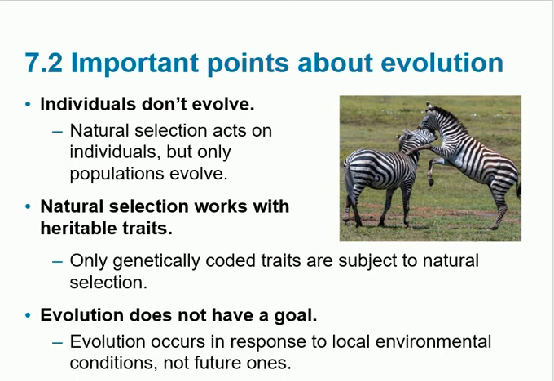Yeah, I have a question. It seems very similar to adaptation, because here it says evolution occurs only in response to local environment conditions, not future ones. And this happens, let's say, like I read once, the wild dogs in Africa, because there was no more rain and there's no graze to feed on, the dogs need to run faster to catch the prey.